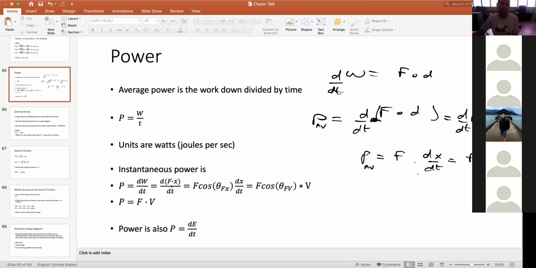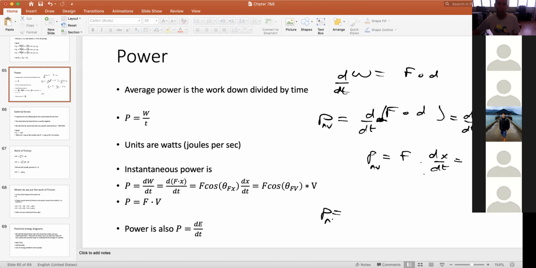Instantaneous at any time is really d/dt. But we usually just say that the average power is the change of work over the change of time. That's all you need to know about power, is that the power is the change of work with time.